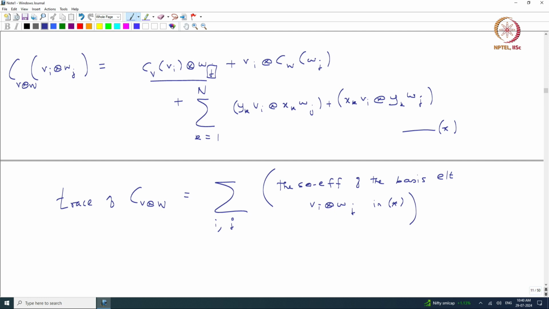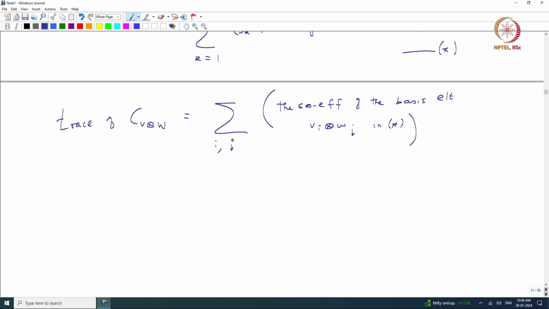So, you will get exactly the trace of Cv, and for each i you are going to get the trace of Cw. So, this is exactly equal to P times trace of Cv plus M times trace of Cw, and then plus the summation k ranging from 1 to n.